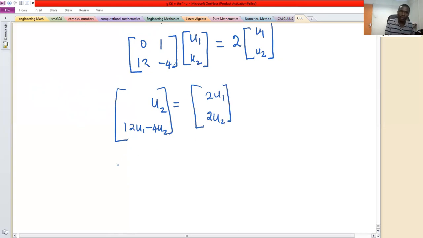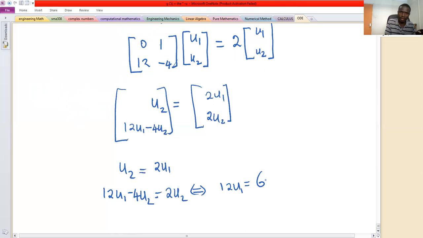So for the equality to make sense, U2 must be 2 U1, and 12 U1 minus 4 U2 equals 2 U2, which tells us that 12 U1, taking this to the right, will be 6 U2. And actually from this same equation, U2 equals 2 U1.